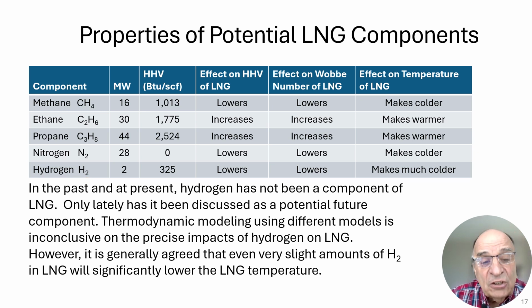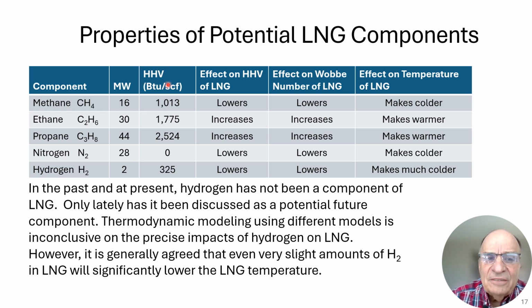And it has a much lower heating value than any of the other components other than nitrogen. It has 325 BTU per standard cubic foot, which gives us a little bit of a dilemma if it is injected into the transmission pipeline, because the total transmission pipeline higher heating value would be reduced.